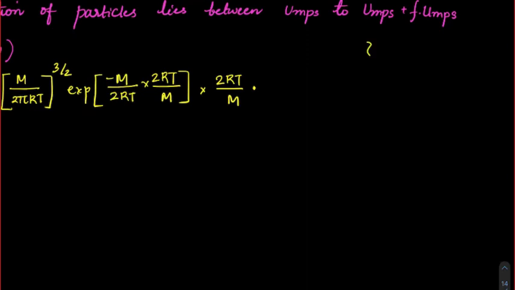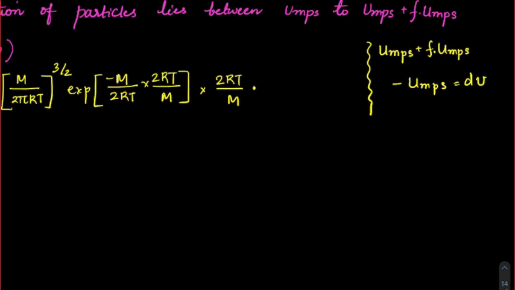Got it? You know that u_mps plus fraction of u_mps, fraction multiplied by u_mps. Just u_mps minus u_mps, that should give us the change, which is du.